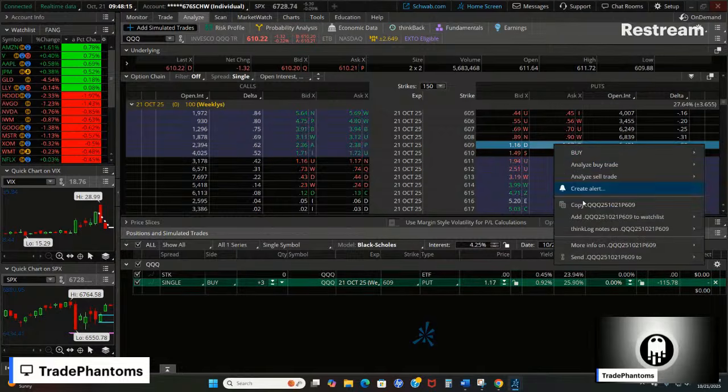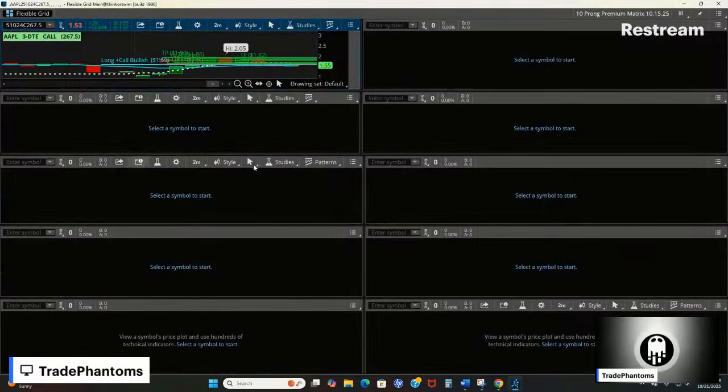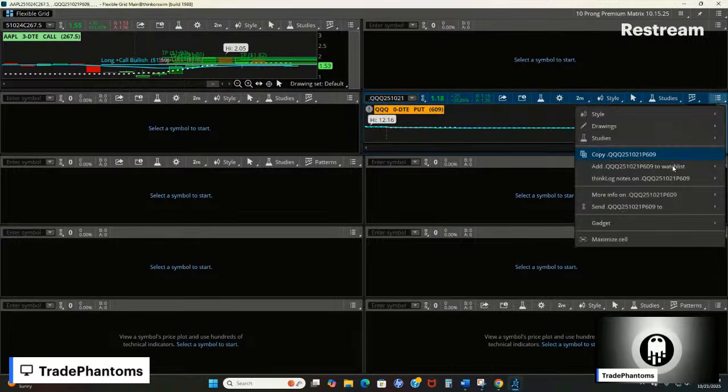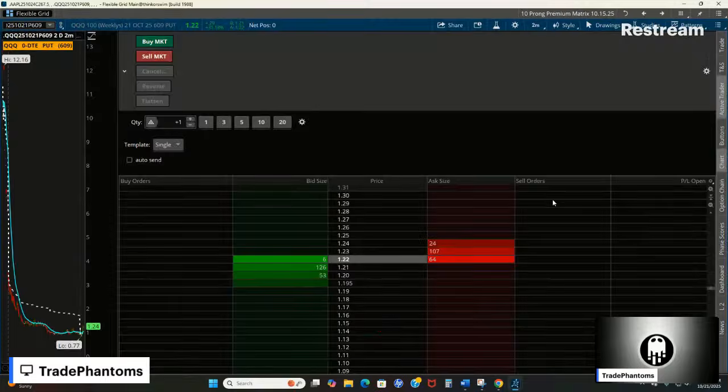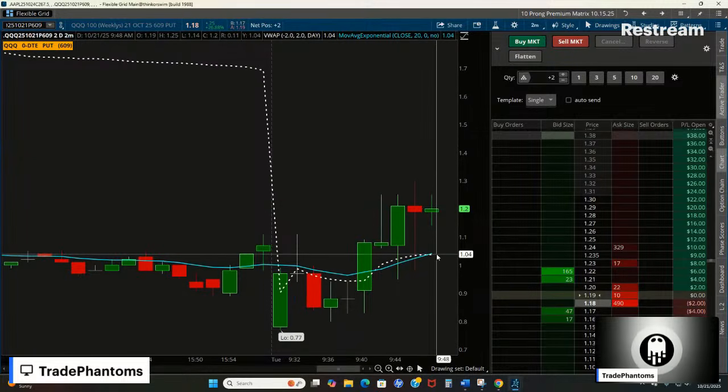Copy this code. Bring this over here. This is a put, so I'll put it on the right. And grab these real quick. All right, definitely could have got these for like $1.